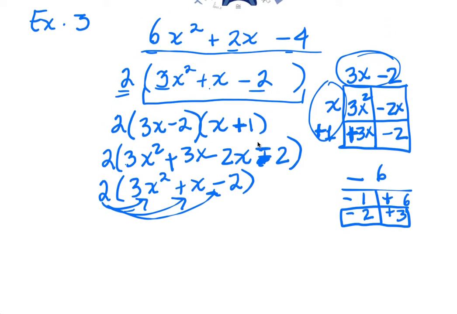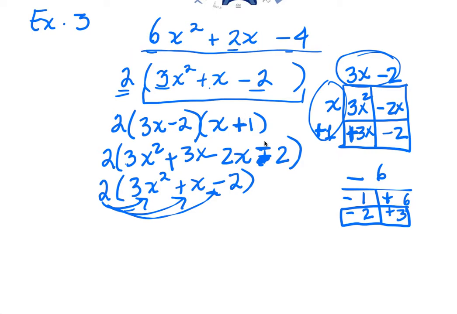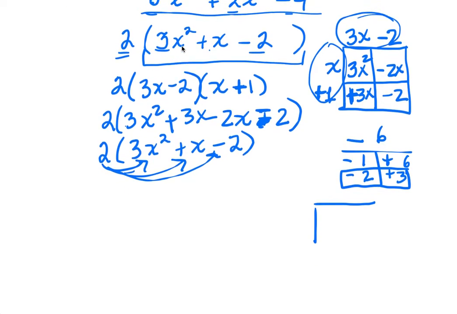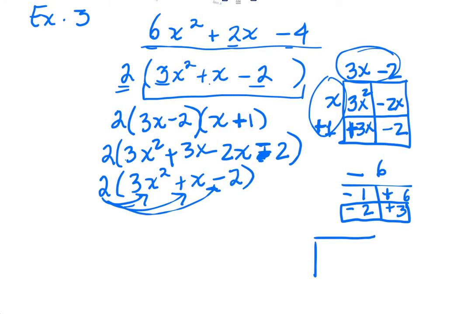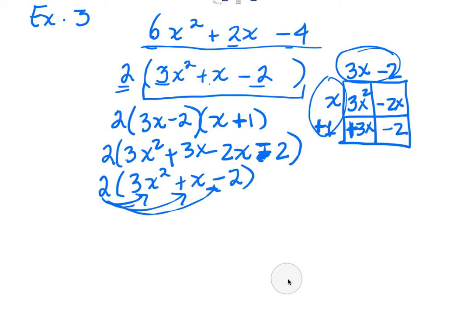Now, let's say you didn't notice that everything was divisible by 2 and you just went right directly to the box. Okay, well, this is what's going to happen. Here, let me see if I need to erase a little bit. All right, so let's say you just jumped right into the box and you put everything in. Okay, and you didn't factor out that common factor.